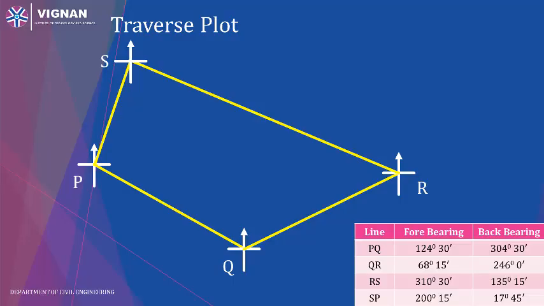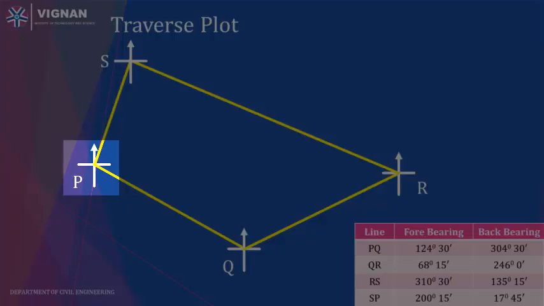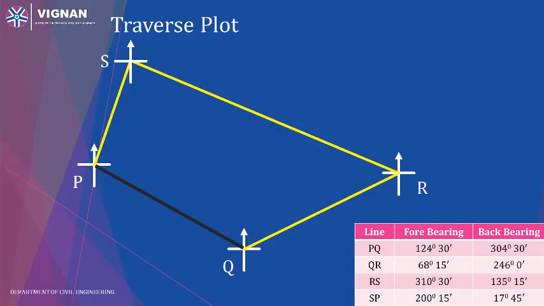Let us take survey line PQ. From P to Q, the fore bearing is 124 degrees 30 minutes. Draw a line from P of approximate distance such that our angle is 124 degrees 30 minutes.